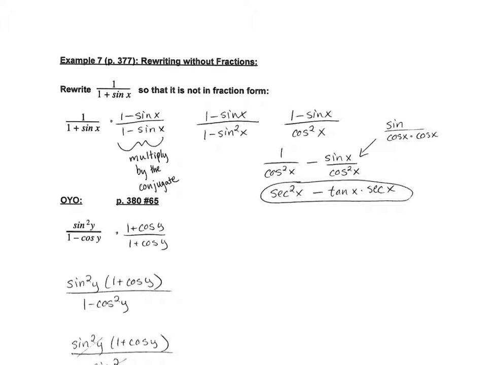And in our next example here, example 7, we're going to rewrite this whole expression without fractions. So we're going to rewrite 1 over 1 plus sine of x so that it's not in fraction form.